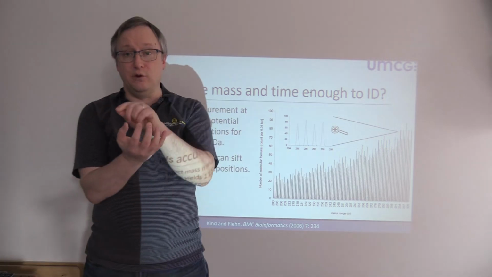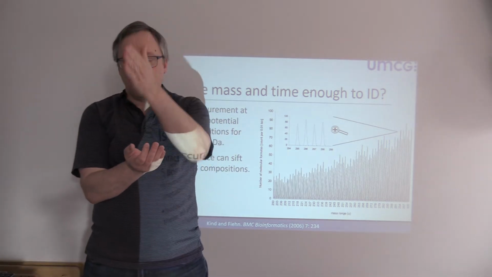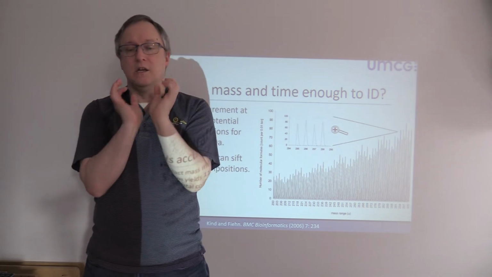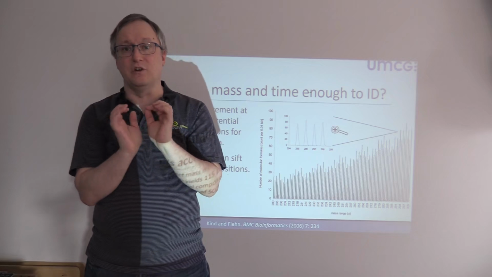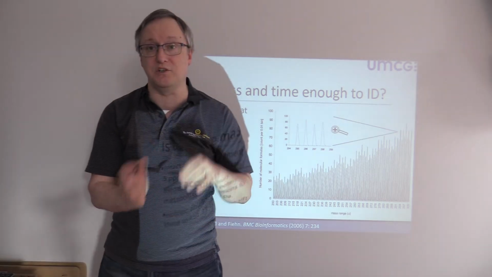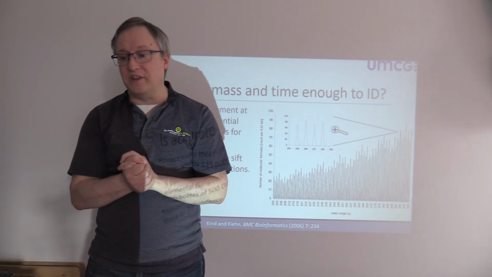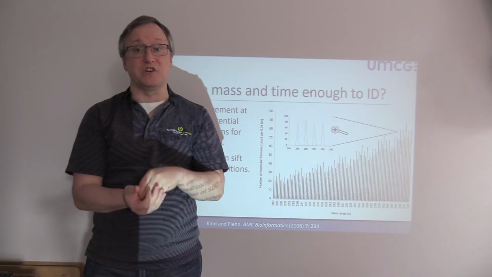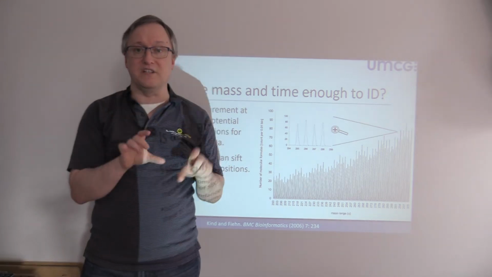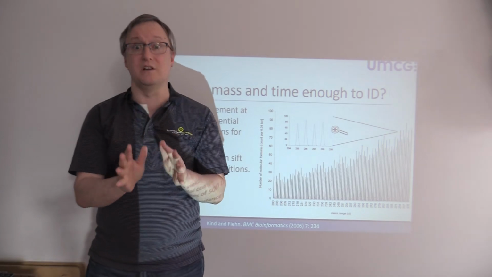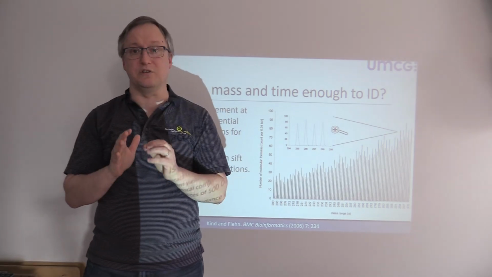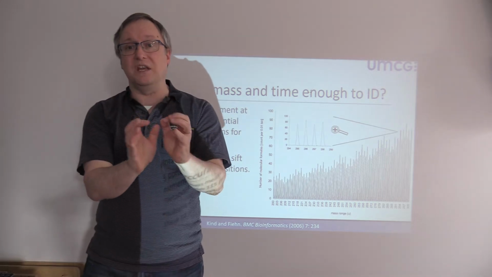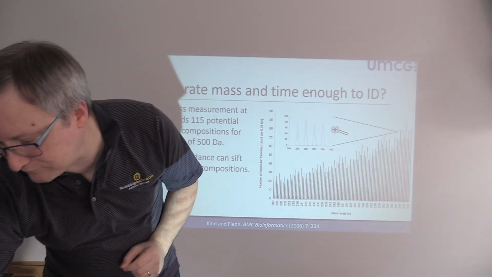But they note that if you measure the isotope packet that comes with this intact ion, you can probably use that information to trim down these compositions even to a much smaller set. So here they computed that starting with 115 potential compositions, they were able to cut that down to just 33 if they used the relative intensities of the isotopes. Good. So now we're able to get much closer to not an identity, but a composition that we think is most likely for this ion.